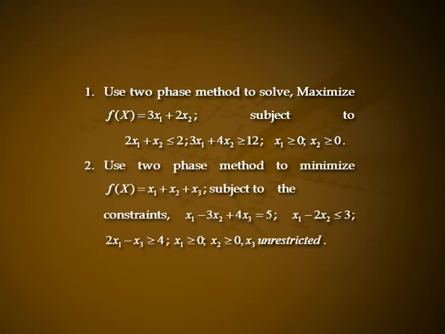Use two-phase method to minimize f of x equal to x1 plus x2 plus x3 subject to the constraints x1 minus 3x2 plus 4x3 equal to 5, x1 minus 2x2 less than or equal to 3, 2x1 minus x3 greater than or equal to 4, x1 greater than or equal to 0, x2 greater than or equal to 0, x3 unrestricted.